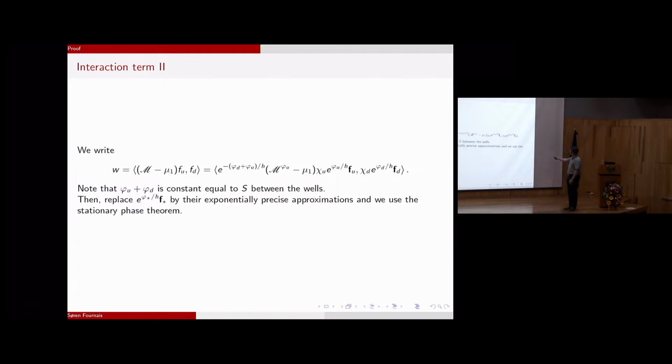You can write it out in terms of the weights that we have. And then this is really the integral that contains all the information, all the constants you need to extract, all the powers you need to extract. The fact that you get the right exponent in the end comes from the fact that the sum of these weights is constant, equal to this power s that we had.